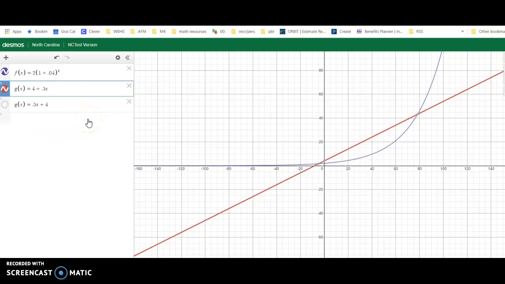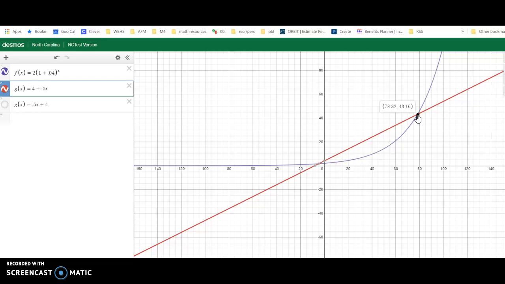Again, the question here was, what was the point at which the blue line, the exponential, became greater than the linear line? And we're looking for the positive integer there. So here's 0, here's positive integers. Here we go, we hit right here. And so it's 48.32. So the next number, let's say the closest number would be 48, the smallest positive integer.